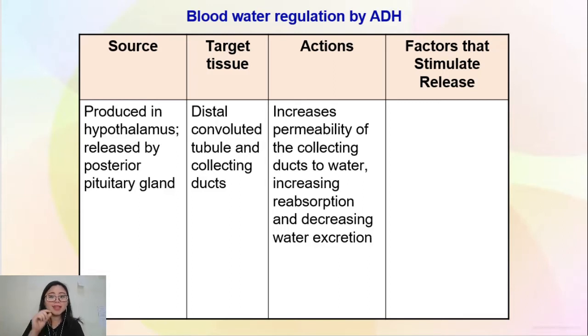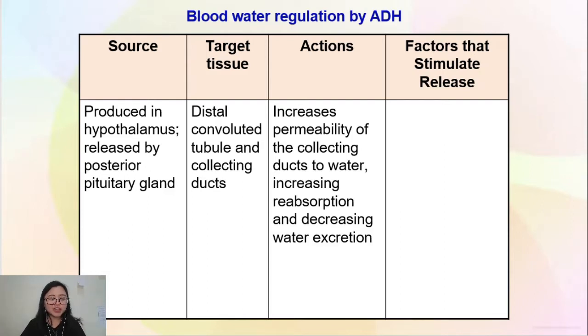Dia akan menyebabkan distal convoluted tubule dan juga collecting duct untuk senang serap air, increasing reabsorption, makin banyak air yang kena serap semula, dan decreasing water excretion, mengurangkan kandungan ataupun bilangan air yang dikeluarkan daripada badan, yang dikencingkan.